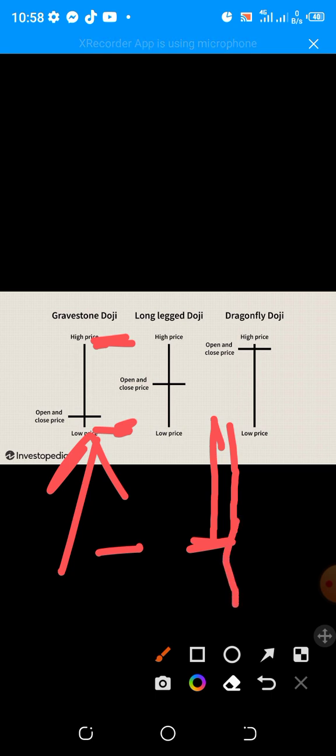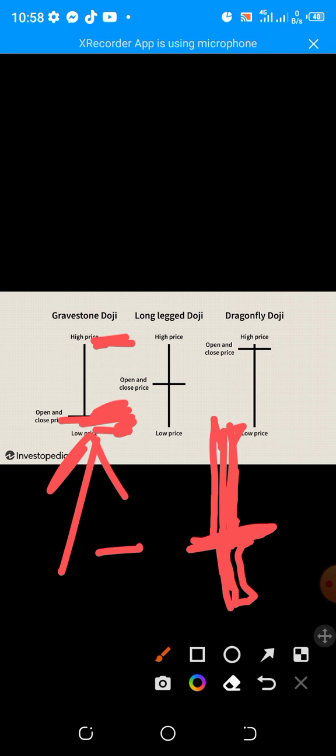Then the buyers came in again and pushed the price up to here, where you see the cross. That means the buyers and the sellers have equal energy. The buyers are equal to the sellers. That is why the candle closes as a cross. There is no decision in the market.